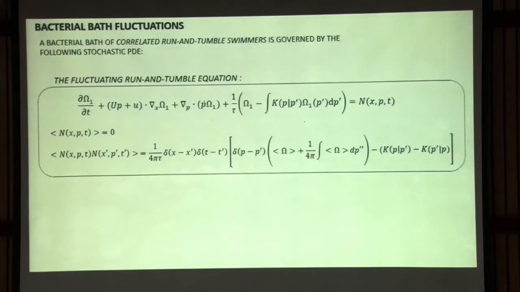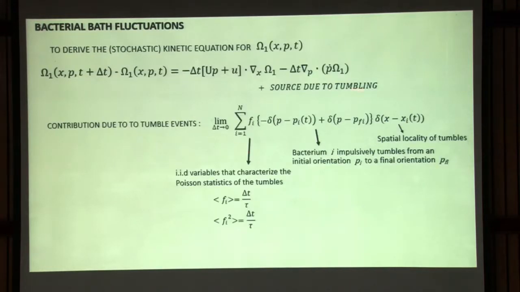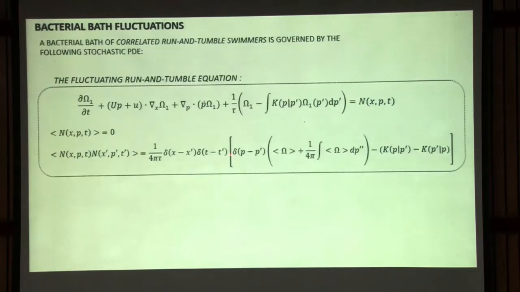And therefore, I can write this as the equation for the fluctuating probability, or the fluctuating phase space density, with the noise there. So the noise involves the statistics of this quantity. Okay, so you can do that, and therefore you have what I'm just terming a fluctuating run and tumble equation, okay, with the noise obeying certain statistics.